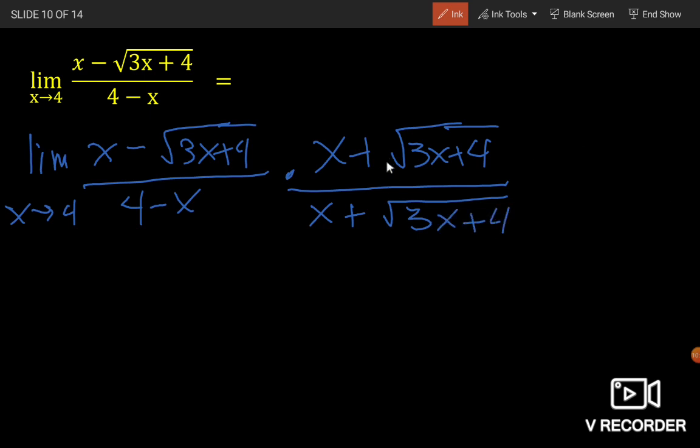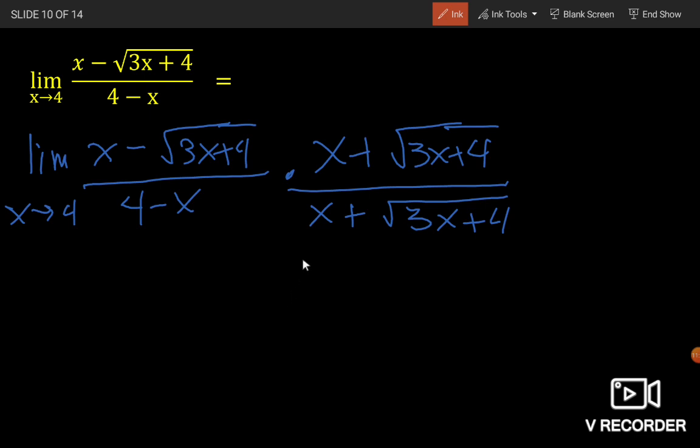Why did we do that? Since the numerator and denominator are equal, it is basically 1, so you're not changing the original expression. As long as the numerator and denominator are the same, we're just multiplying by 1. So it's okay. It doesn't change our original expression.